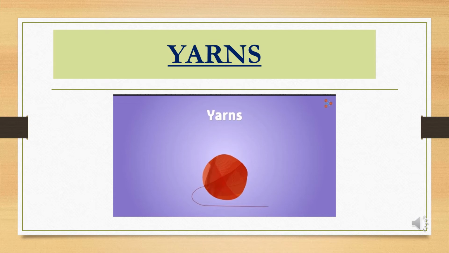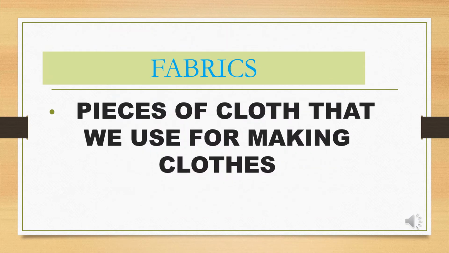So what are yarns, by the way? Yarns are the long continuous threads that can be directly woven into fabrics. What do you mean by fabrics, children? Actually, fabrics are the pieces of cloth that we use for making stitched clothes, and those clothes we wear.